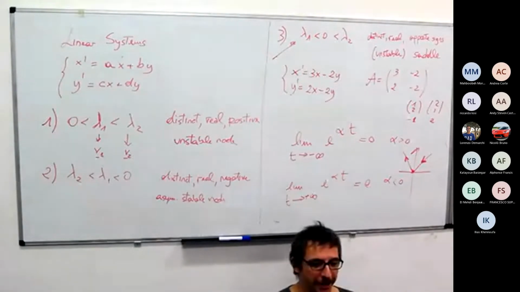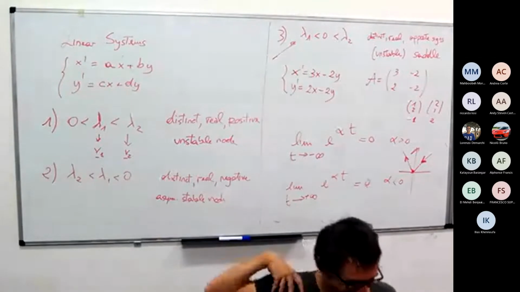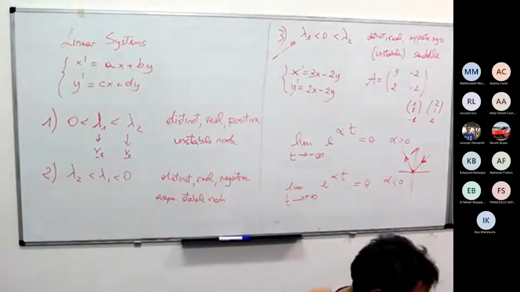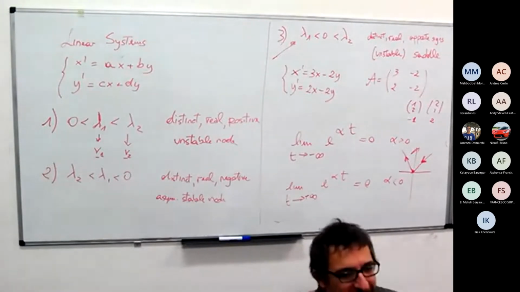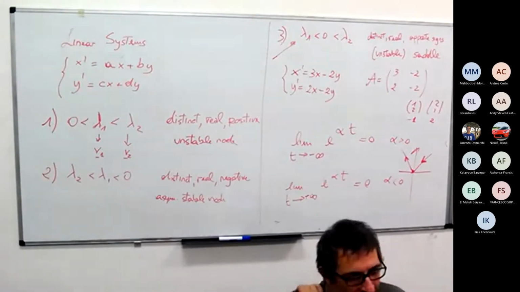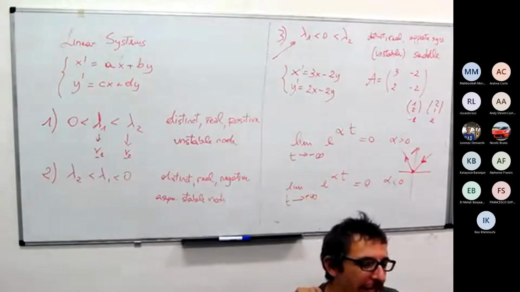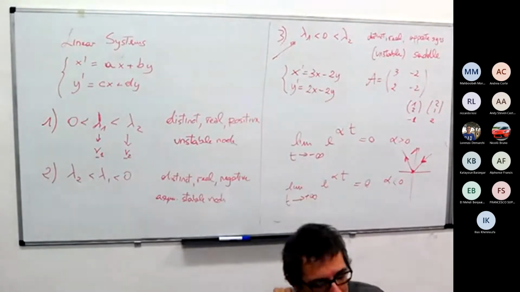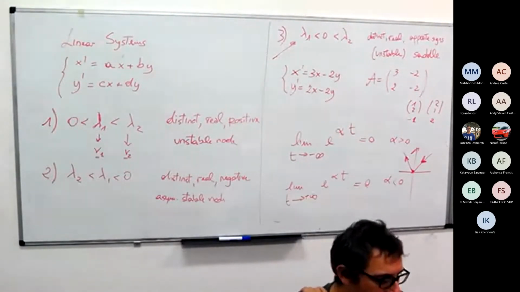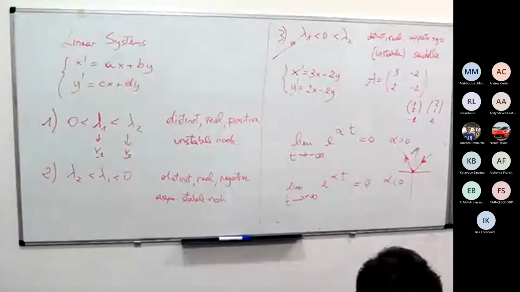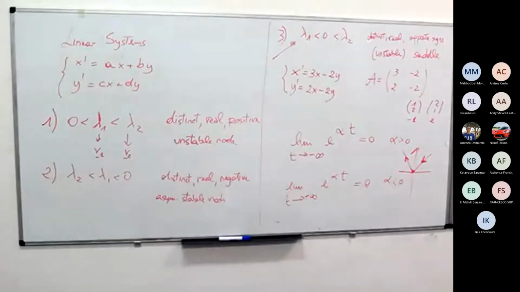I don't know if I was clear or not. I can repeat if you want. So passing the written exam gives you the right to do the oral exam once. That's the summary.